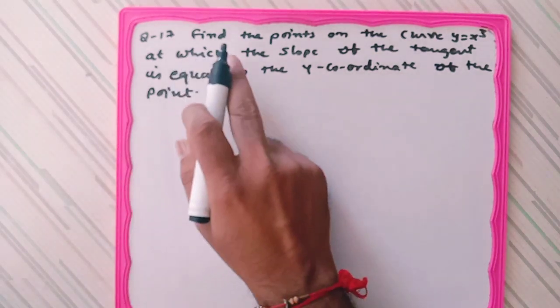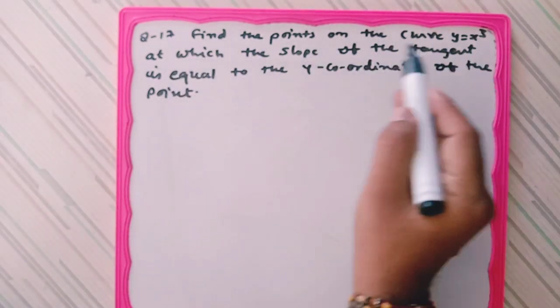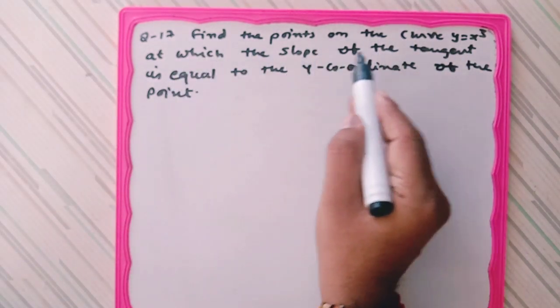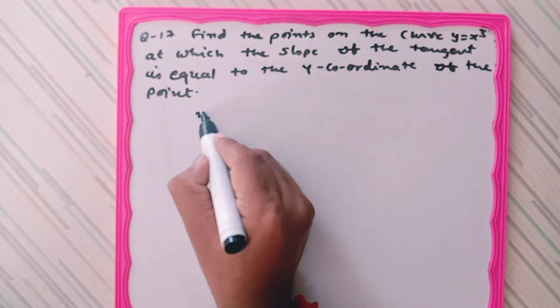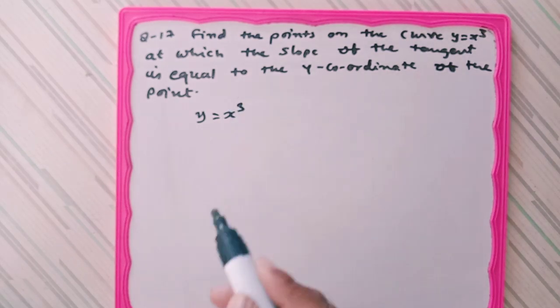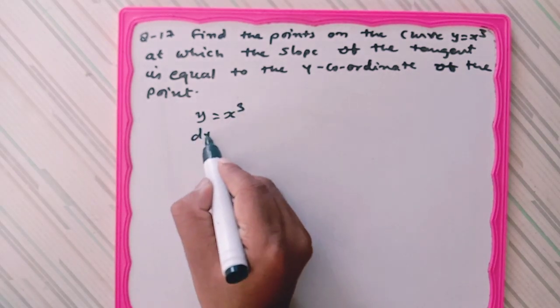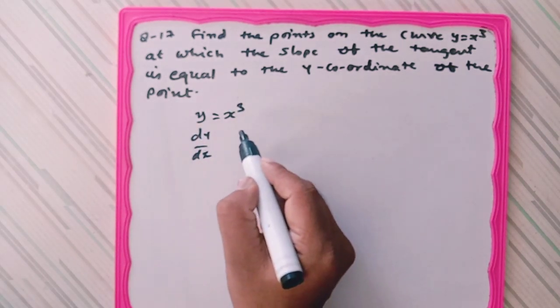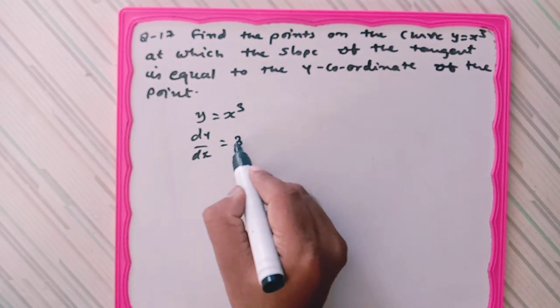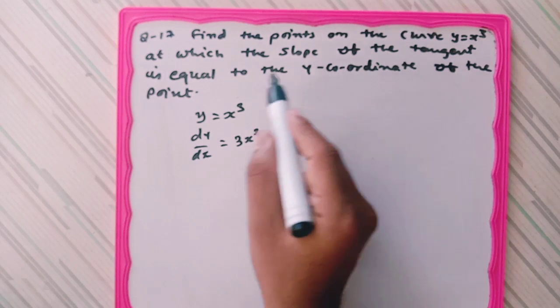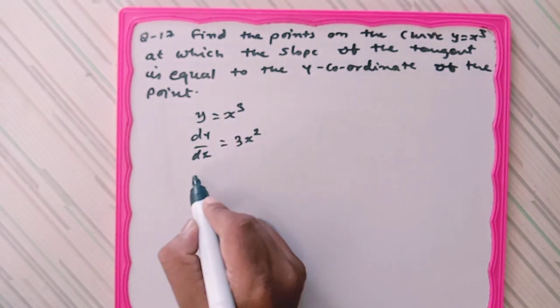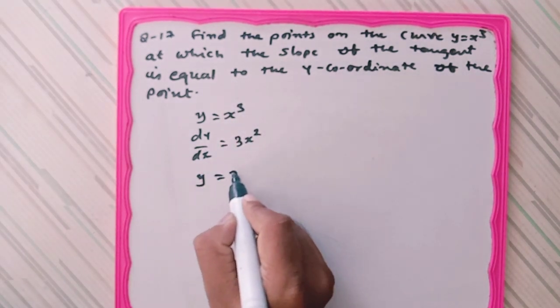Now question 17: find the points on the curve y equals x cube at which the slope of the tangent is equal to the y coordinate of the point. So y equals x cube is given, differentiate with respect to x, then dy by dx equals 3x square. Now as per the given condition the slope is equal to the y coordinate, so y equals 3x square.